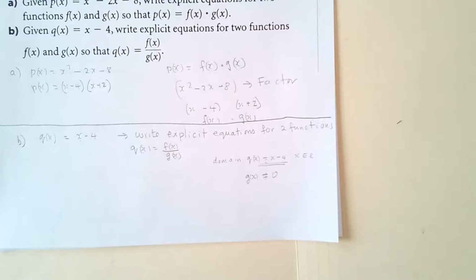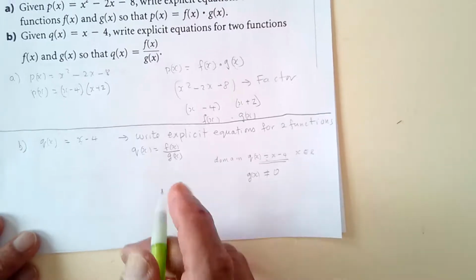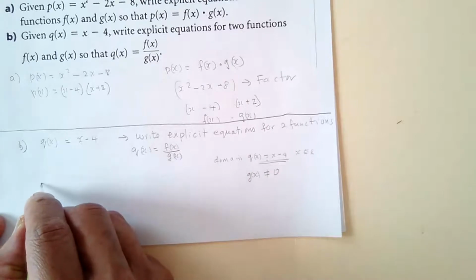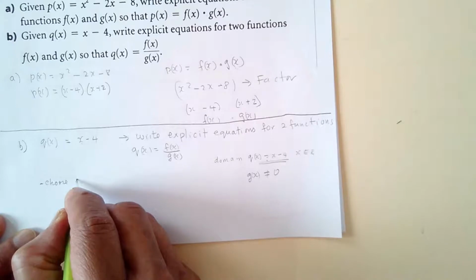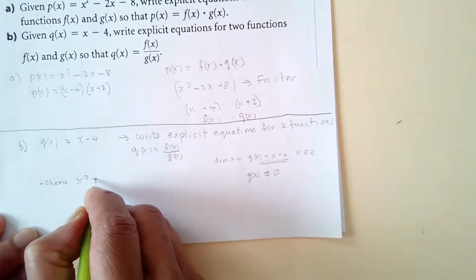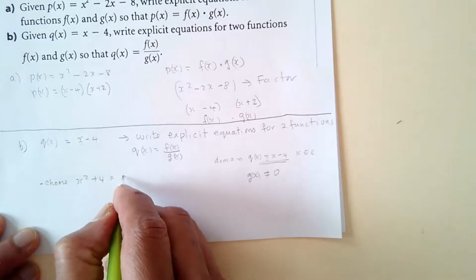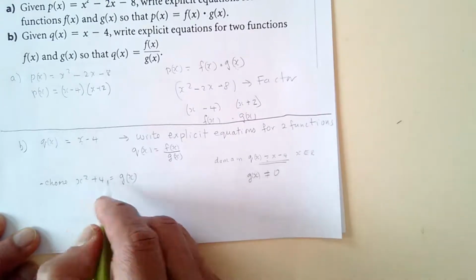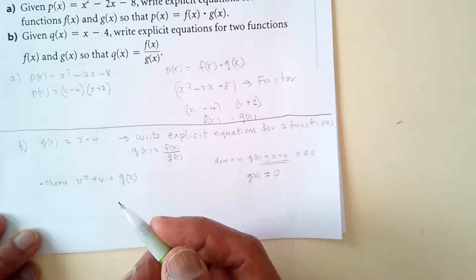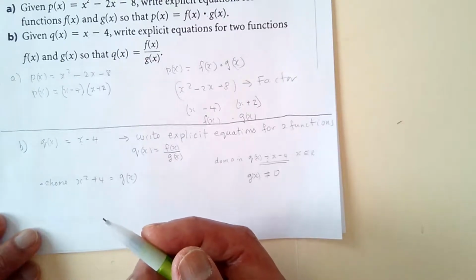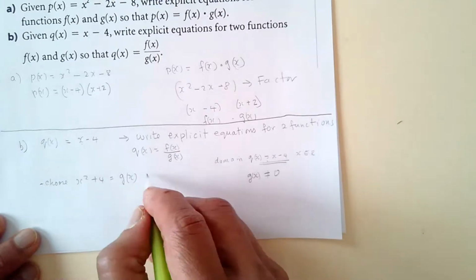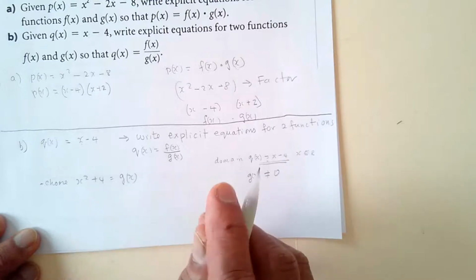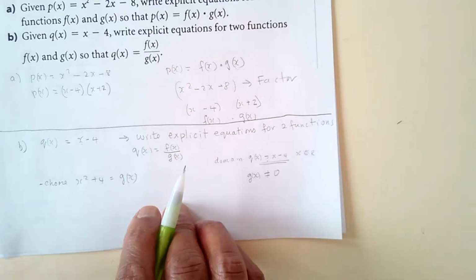It's undefined. So I'll choose for g of x, x squared plus 4. Now you could have chosen x squared plus 2, x squared plus 1, because there is no non-permissible value when you have x squared plus 4 as your denominator.